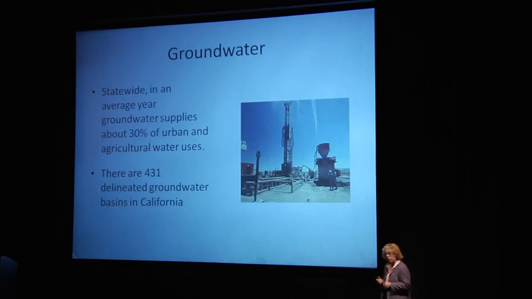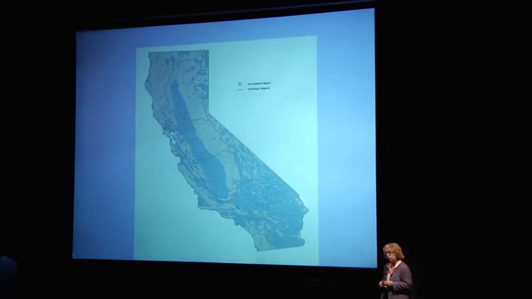But not to forget that groundwater is also an important source of supply in California, about 30% on average, a rough long-term average, maybe up to 40% in drought years, because when people's surface supplies are cut off, they will turn to groundwater. We have lots of groundwater basins in the state, shown here in blue on this map.